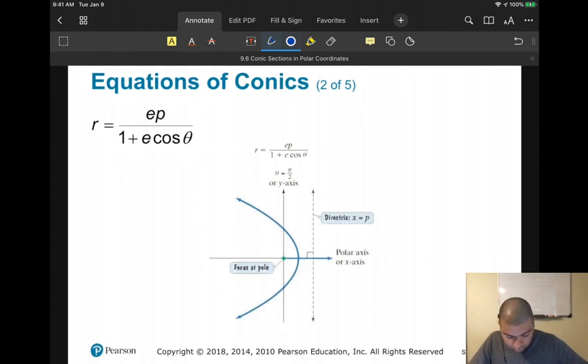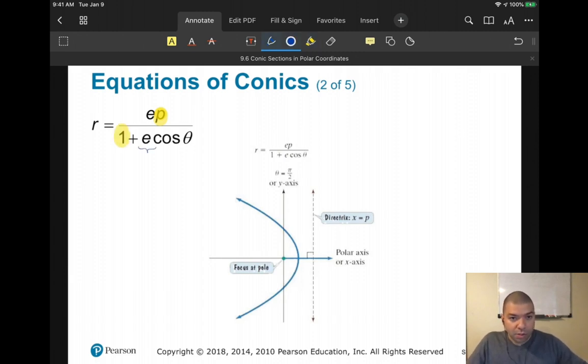So the eccentricity is always positive. We always want that. P is what determines the rest. Once you get a 1 here, then you can easily see what E is. E is the thing multiplying the cosine or the sine.